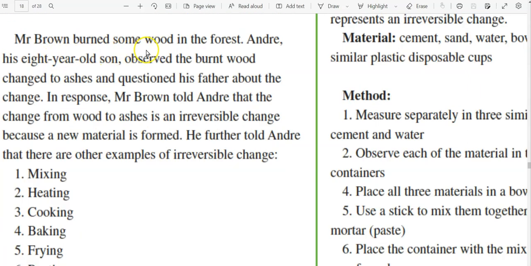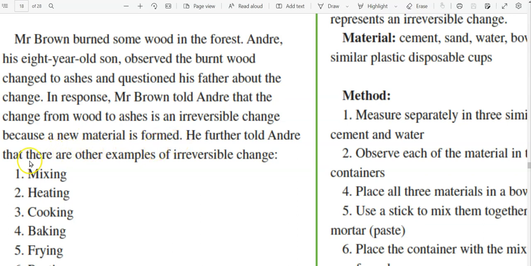Mr. Brown burned some wood in the forest. Andre, his 8-year-old son, observed that the burnt wood changed to ashes and asked his father about the change. In response, Mr. Brown told Andre that the change from wood to ash is an irreversible change because new material is formed.